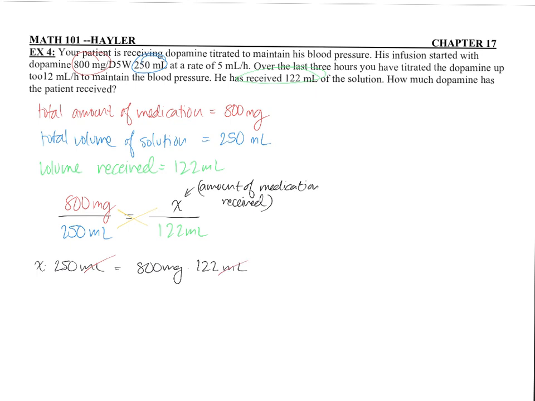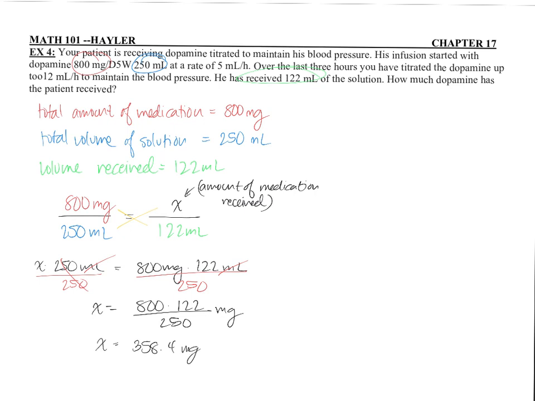Dividing by the 250, we get X by itself. So we have 800 times 122 divided by 250 milligrams, which ends up equaling X equals 358.4 milligrams.